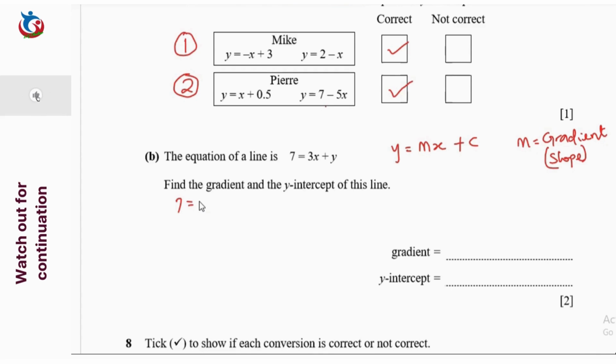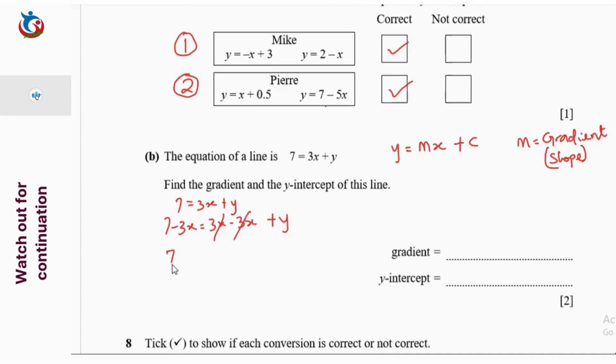7 is equal to 3x plus y. For us to make y the subject of the formula, we are going to subtract 3x from both sides. So we now have 7 minus 3x is equal to 3x minus 3x plus y. With this, plus 3x minus 3x cancel out.